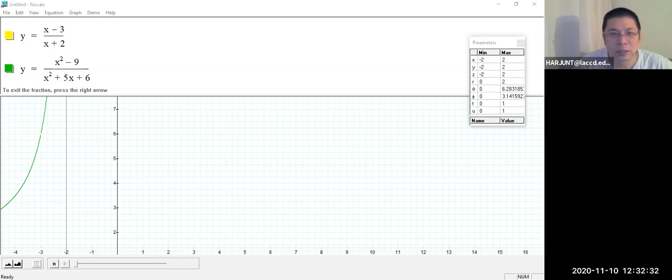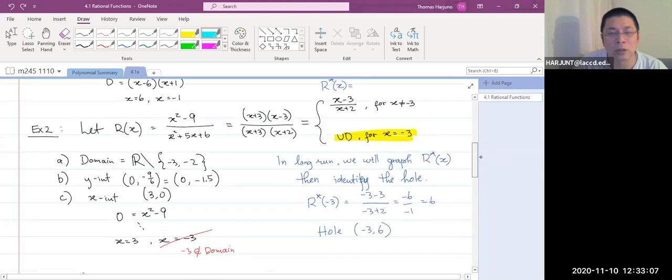Qx is the denominator of our r x. So what is q star x? Q star x is the denominator of the simplified version. Oh shoot, hold on. I forgot to change my mode here.